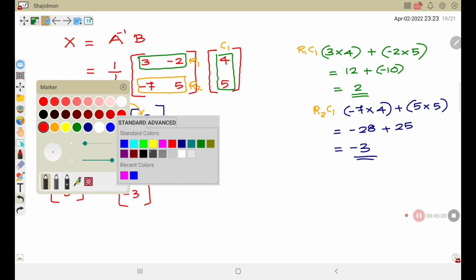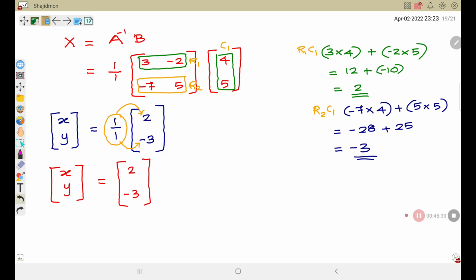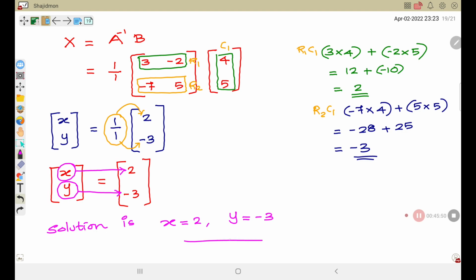So what is the solution? The x value is 2, the y value is minus 3. So the solution is x equals 2 and y equals minus 3.